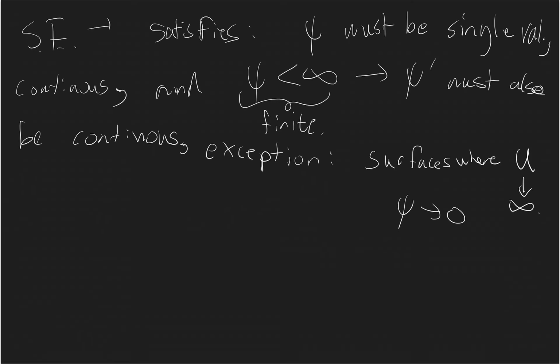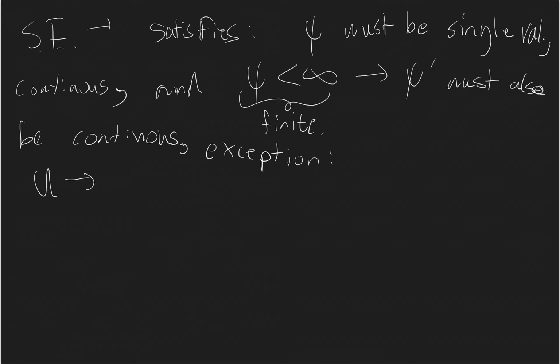So wherever U goes to infinity, psi is equal to 0. At those walls, whenever potentials have that, and so this will allow us to have interesting solutions for basically infinite potential wells. Okay, and we'll work out one of those.